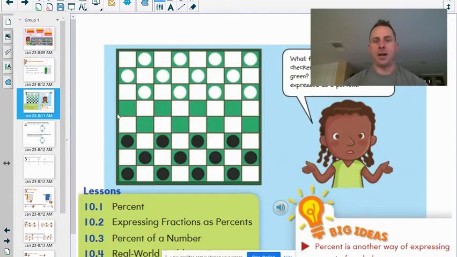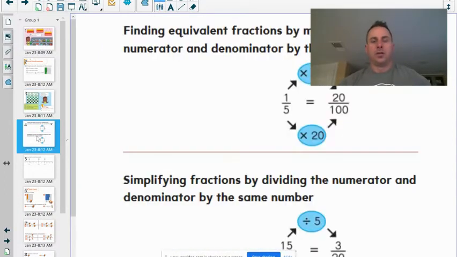Half. Whenever the denominator is double the numerator, it's 50%. So 10 out of 20, right? 25 out of 50, 50 out of 100. So half this board, 50% of this board is white, 50% of this board is green. So how do you do that? What's the math?